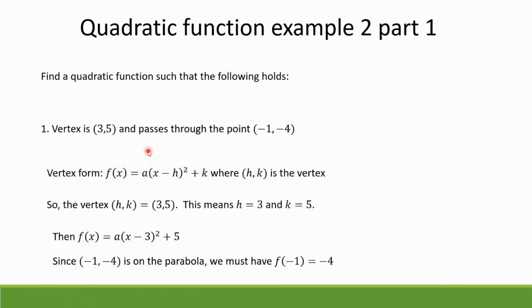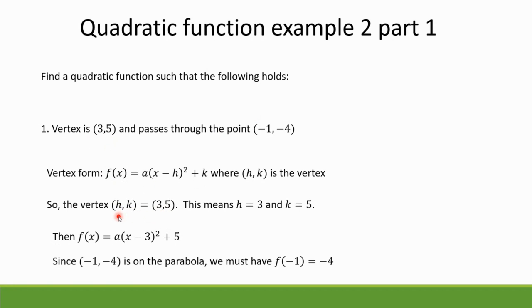Okay. Let's do another one. So here's another one. Now the vertex is 3, 5, and it passes through the point -1, -4. So this is our vertex now. This here, right? It passes through this point. Okay, so we have the vertex. We're going to use this form. Okay, so again, since this is the vertex, we have this equation just like before.